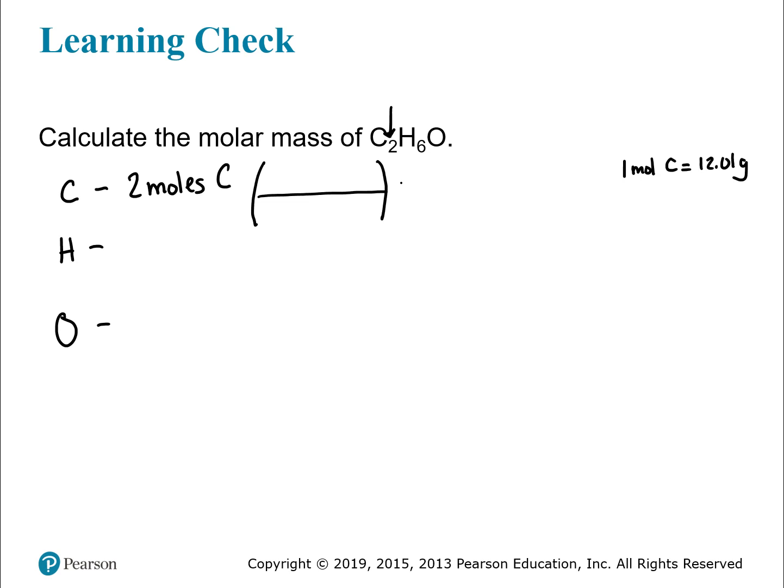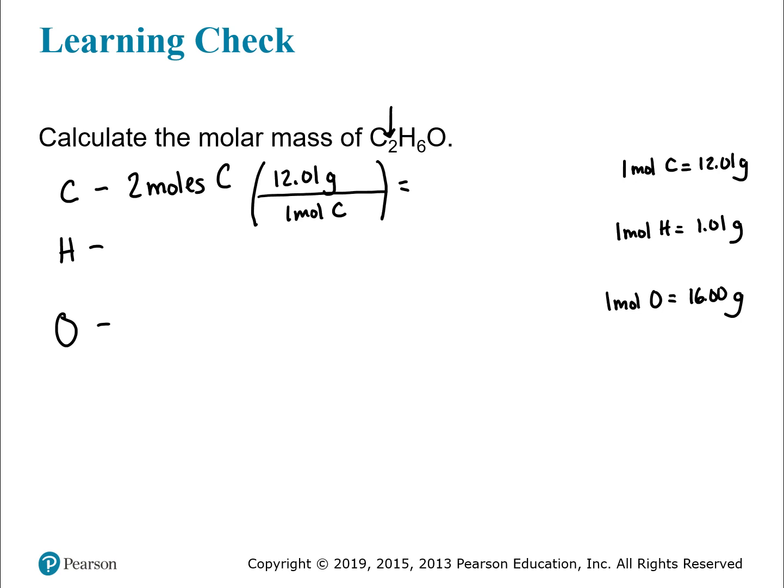We're trying to end up with the number of grams of carbon in this molecule. So we put the grams in the top. And we do the same thing for each of these. Depending on the periodic table that you use, you'll either see 16.00 or you'll see 15.999.